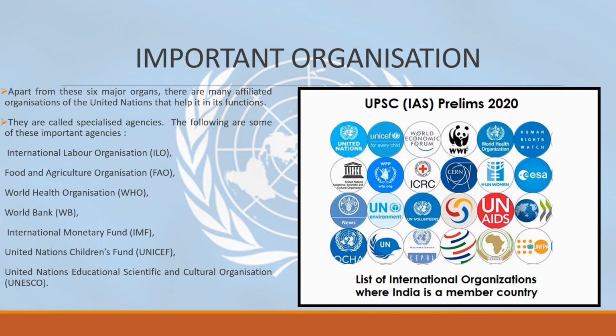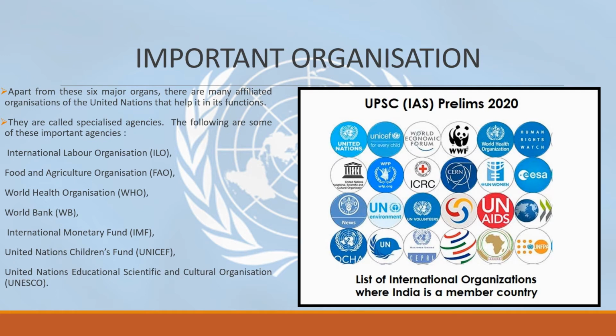Children, in the previous slide, we have studied the different major organs of the UN: the General Assembly, Security Council, Economic and Social Council, International Court of Justice, Trusteeship Council and Secretariat.